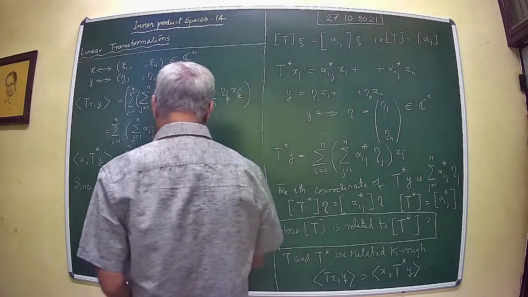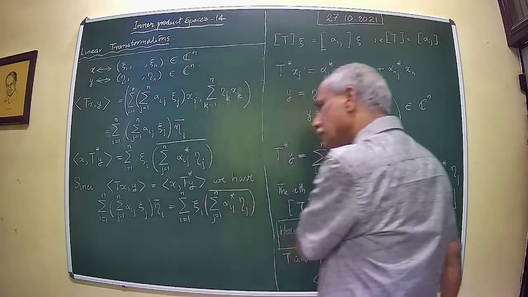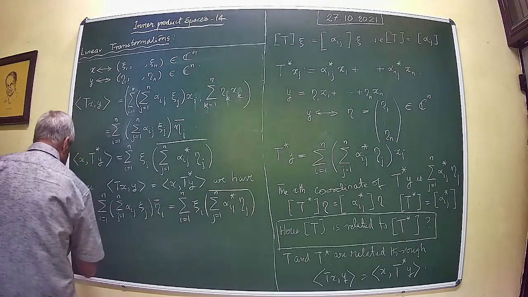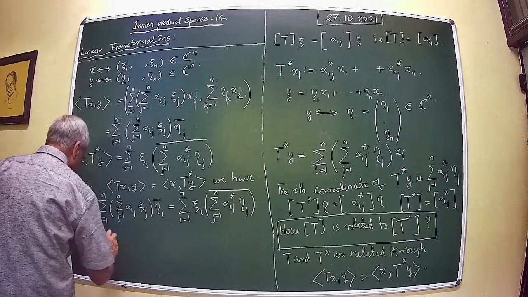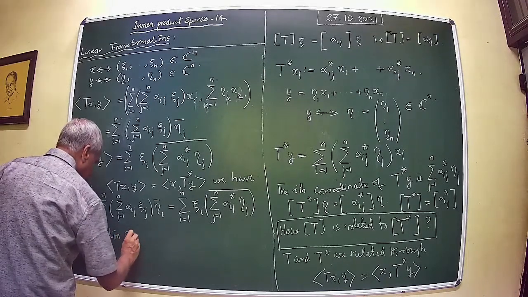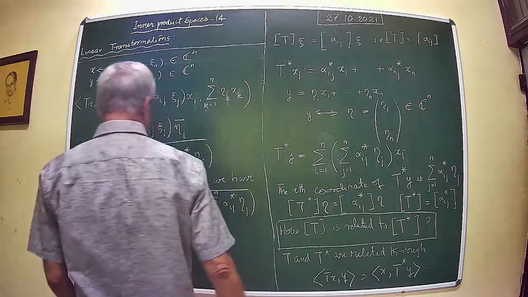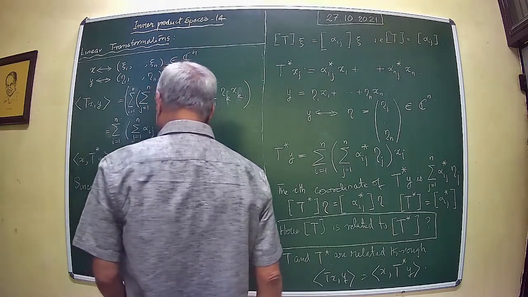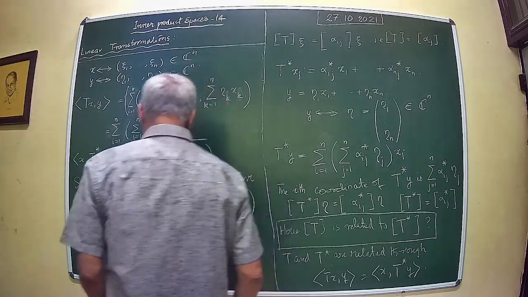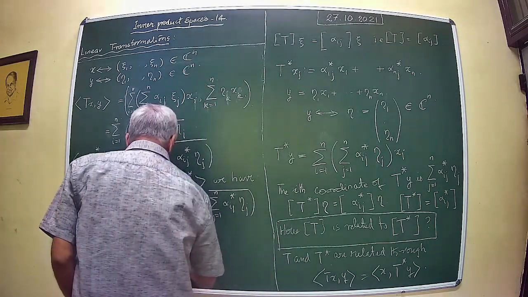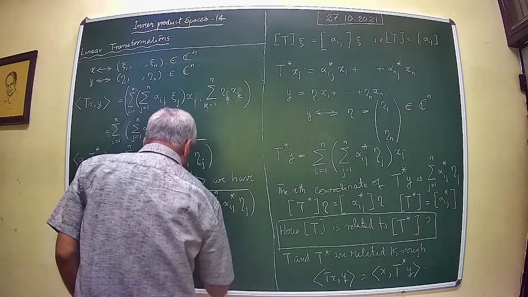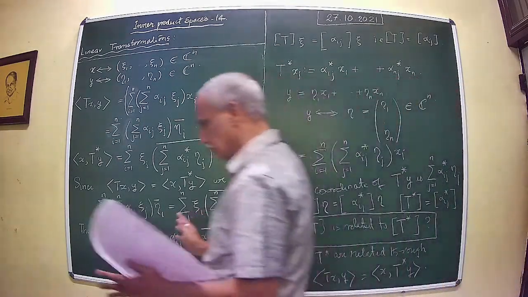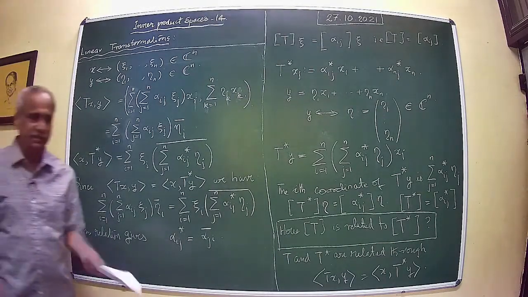So psi i eta j conjugate, you take the coefficient of the both. Okay, then you see that alpha ji conjugate. That means it's a transpose conjugate that comes.